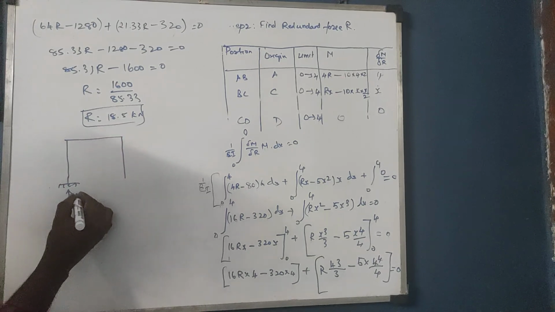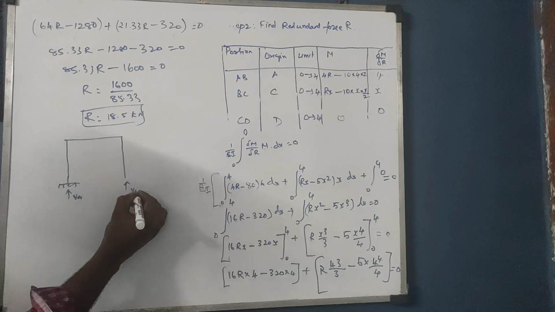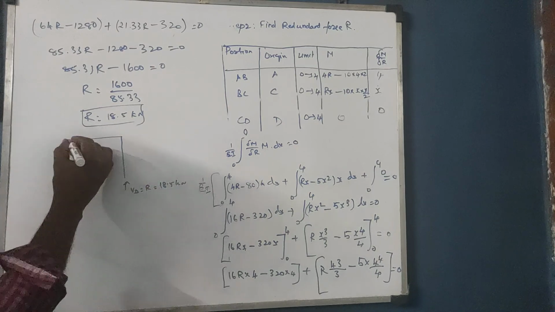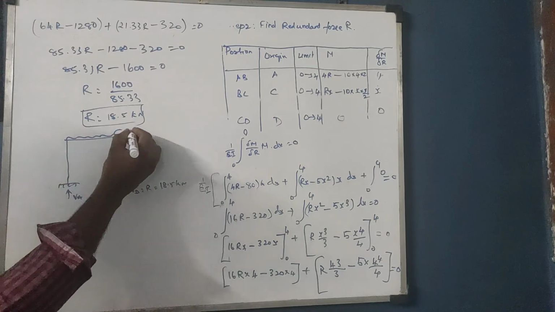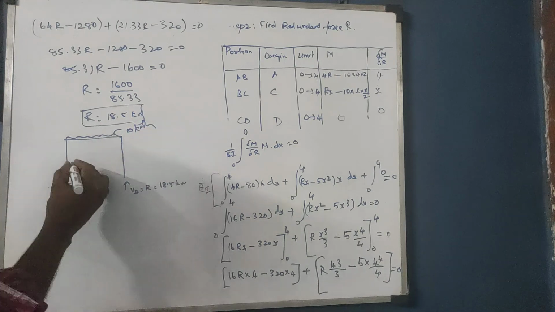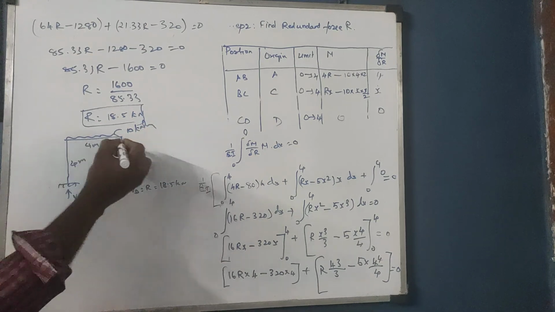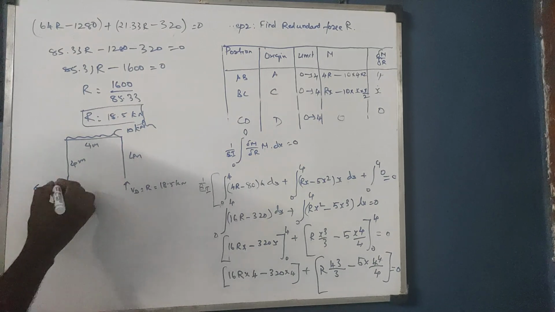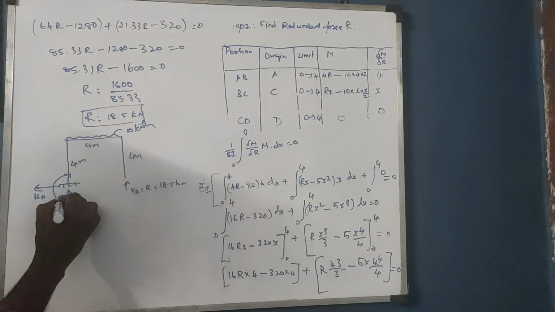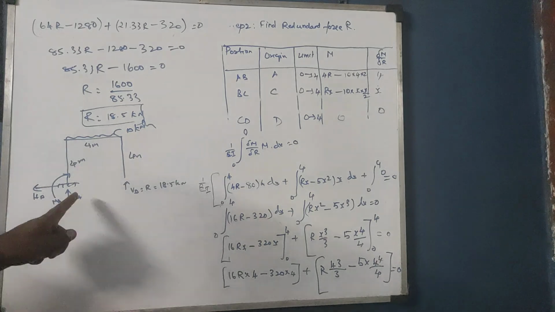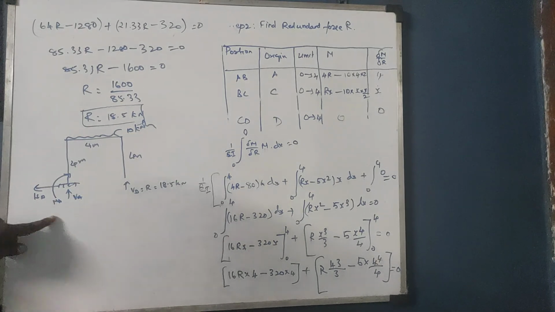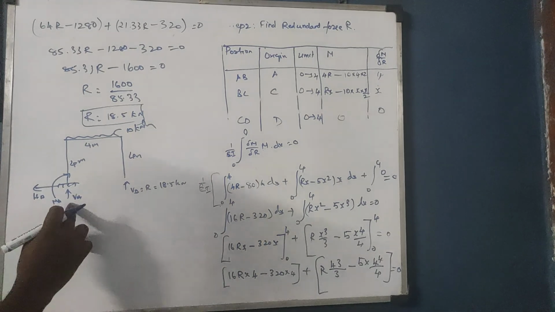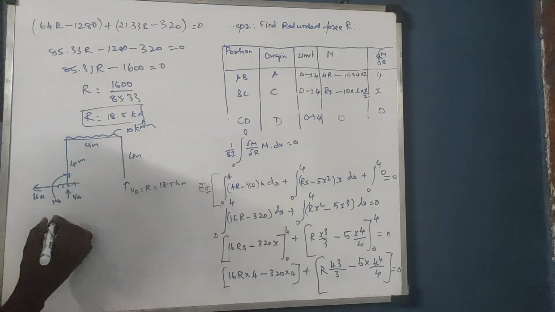So, we have the vertical reaction VD equal to R equal to 18.5 kilonewton, and there is a 10 kilonewton per meter UDL over 4 meters, 4 meters, 4 meters, and here there is a horizontal force HA. Now we have to find the vertical reaction. We know that sum of upward force equal to sum of downward force.